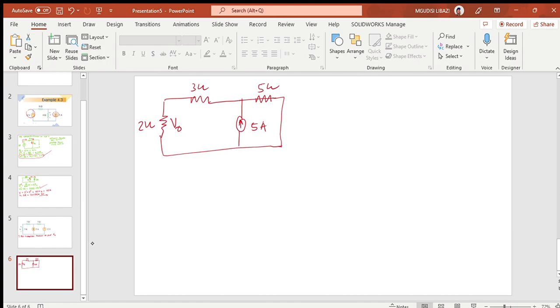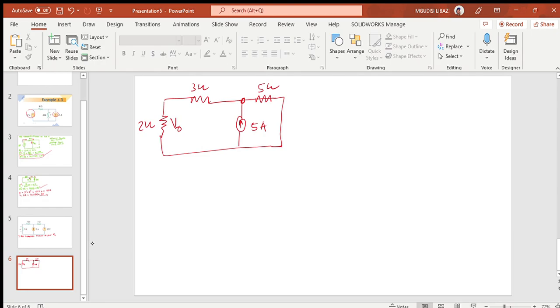There can be very many ways of doing this, but we'll just see which one to use. We have the current here traveling upwards, and then we have a resistor here, which is 5 ohms. The current will come upwards and go to the 5 ohms, the 3 ohms, and the 2 ohms.